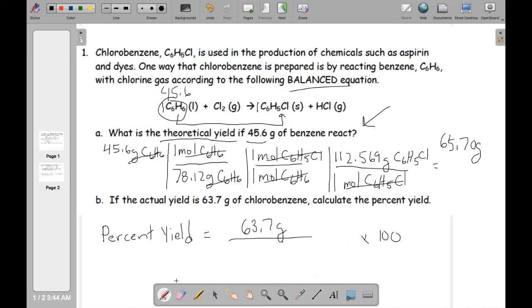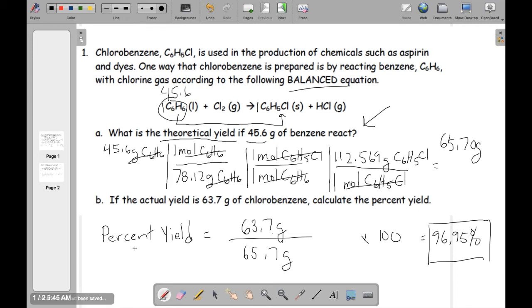Theoretical yield is 65.7 grams times 100. Now if I do this math, I will end up with 96.95% or so. So my percent yield for this reaction is 96.95%. And that's a brief introduction into percent yield.